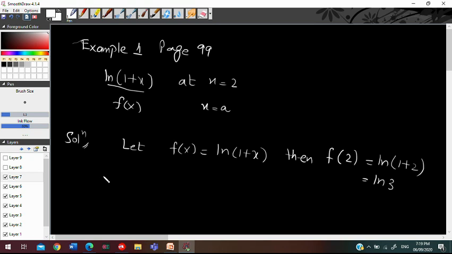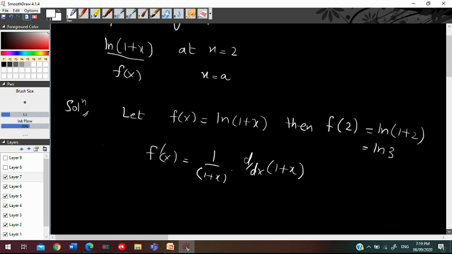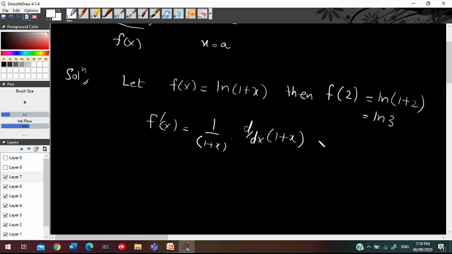Now as f of x is this, f prime of x must be equal to 1 by 1 plus x, since we have studied the derivative of the log function, times d by dx of 1 plus x, which is 0 plus 1. So the first derivative is 1 by 1 plus x.